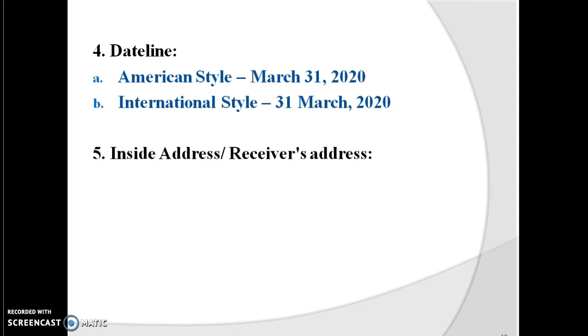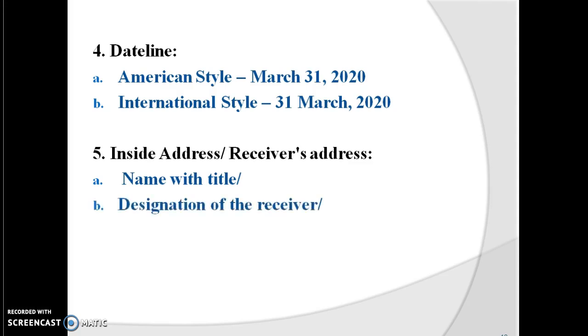The fifth element is the inside address or receiver's address. Now a receiver's address is either addressed to a name with the title. For example, if you know who's the receiver, the name of the receiver, so you can say Dr. Kaushal Prasad. Okay, but if you don't know the name of the receiver, but you know the designation of the receiver, you can address your letter to the designation of the receiver. For example, you can say the principal if you don't know the name of the principal.